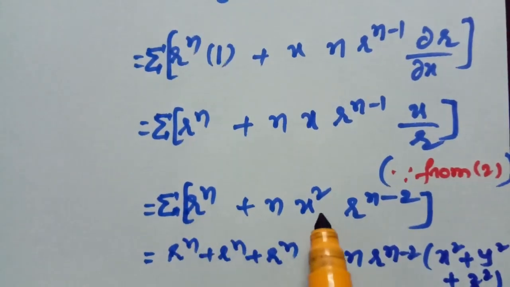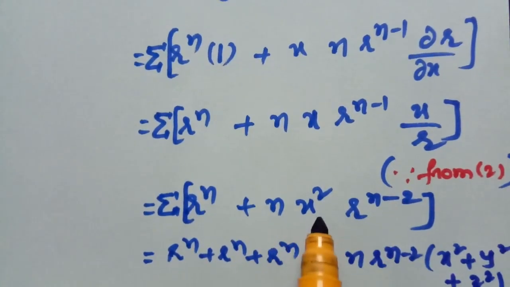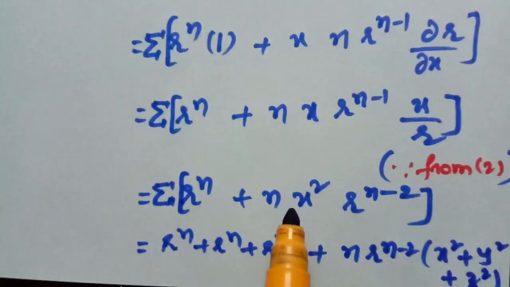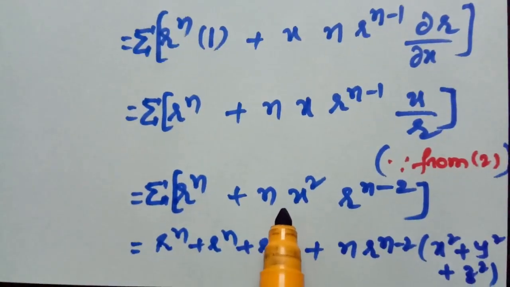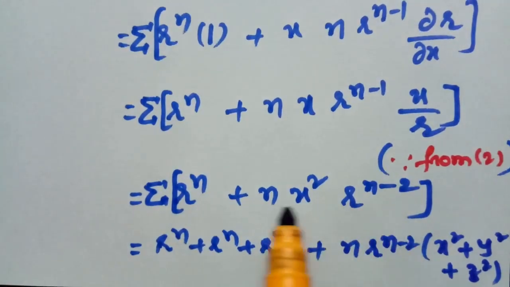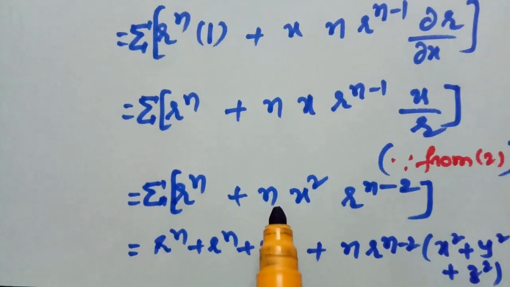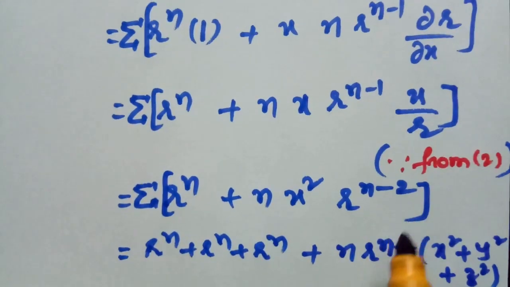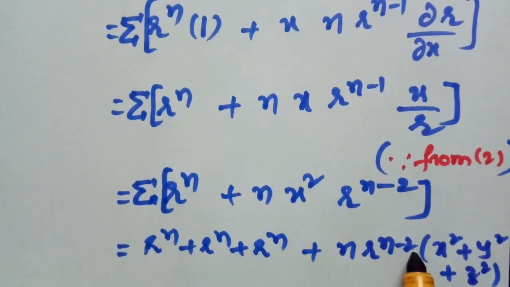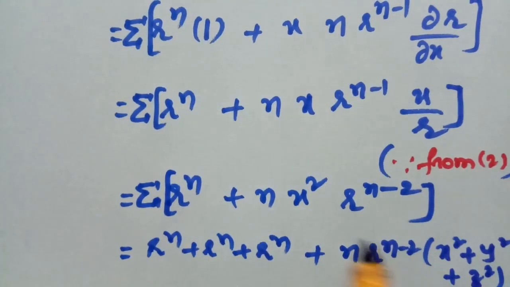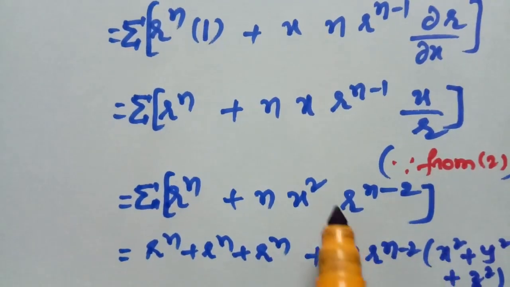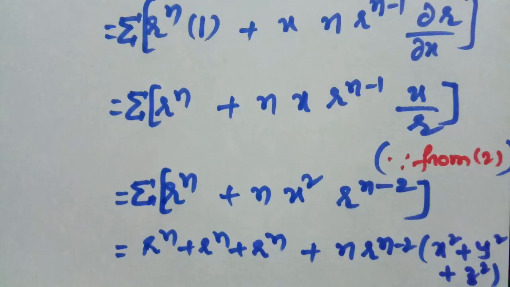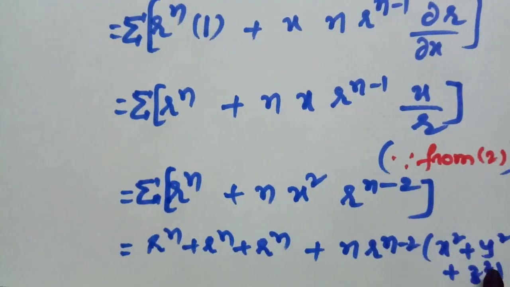In the first term we get n into x square into r power n minus 2. In the second term we get n into y square into r power n minus 2. In the third term we get n into z square into r power n minus 2. So n into r power n minus 2 is a common factor. Therefore in the first term x square, in the second term y square, in the third term z square.